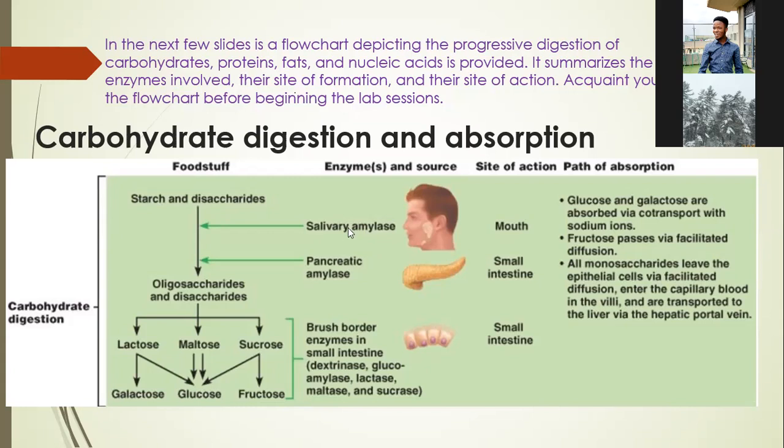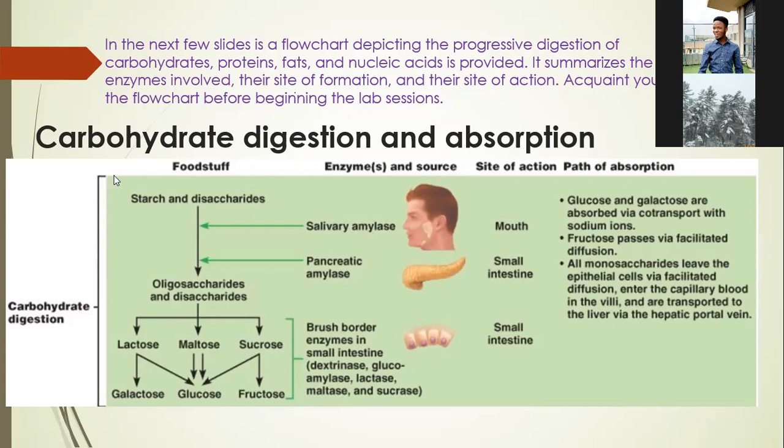Between the salivary amylase and the pancreatic amylase, the one that is easier to access is the salivary amylase. So in the lab, you are going to produce saliva, and you are going to use that salivary amylase.